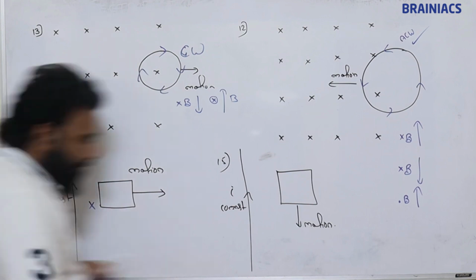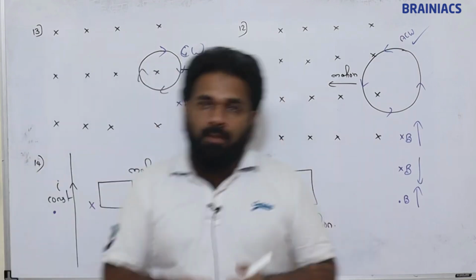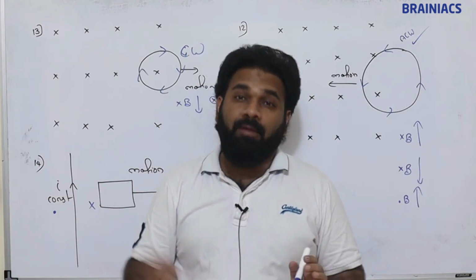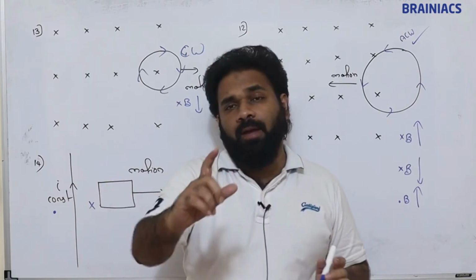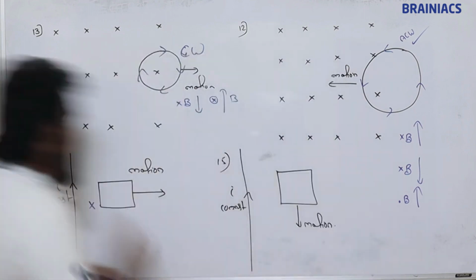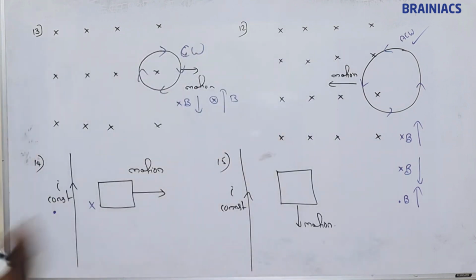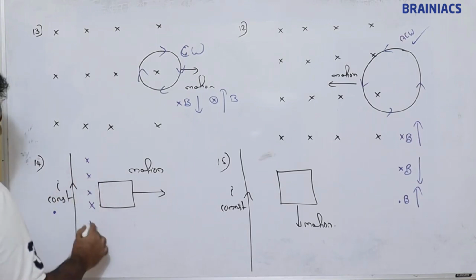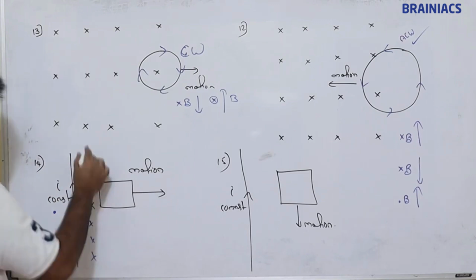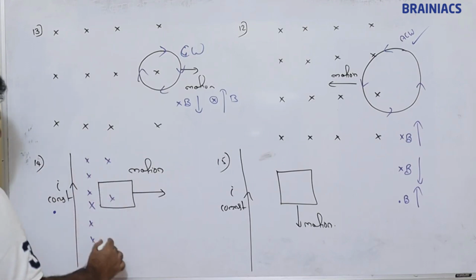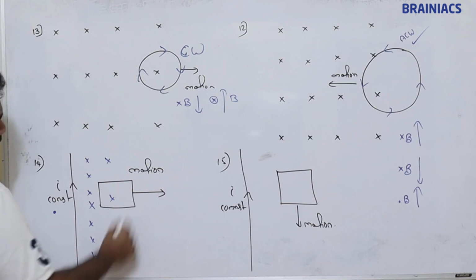See, we have studied near to the current carrying loop, the intensity of magnetic field will be more, or near to magnet, the intensity of magnetic field will be more. So as we move away, the intensity of magnetic field will reduce. Suppose here this is the intensity of magnetic field, then later the intensity will be this.